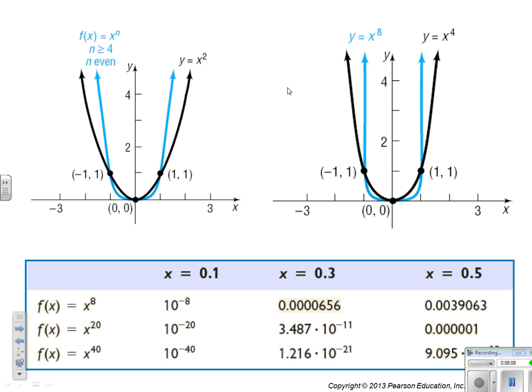All right. Even functions. Even functions are going to behave a lot like a parabola. An even function has values that, especially if the coefficient is positive, starts up and ends up.